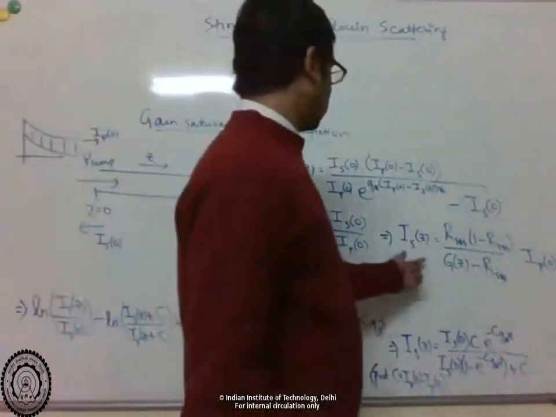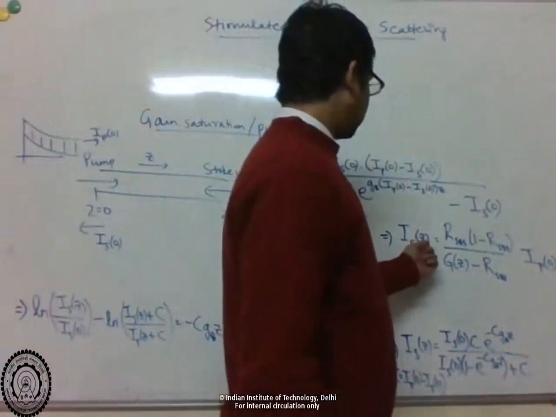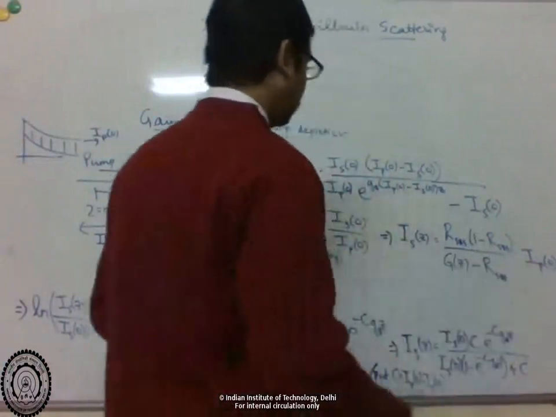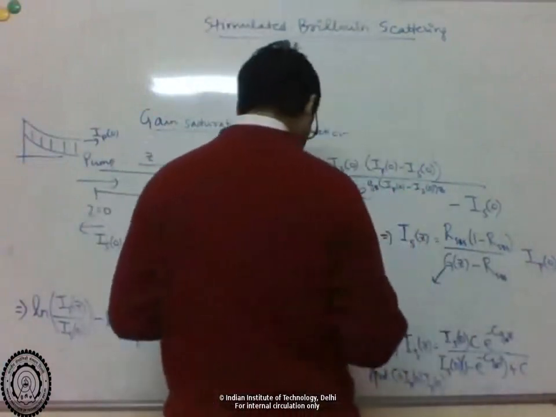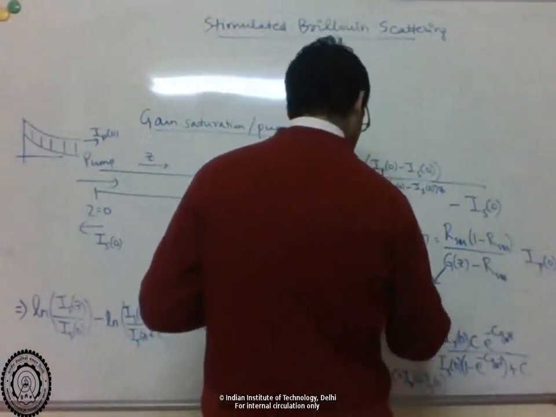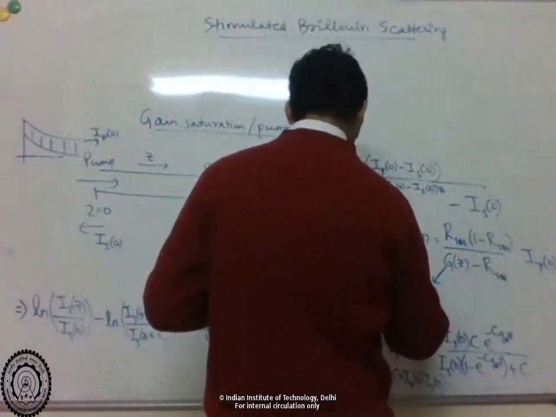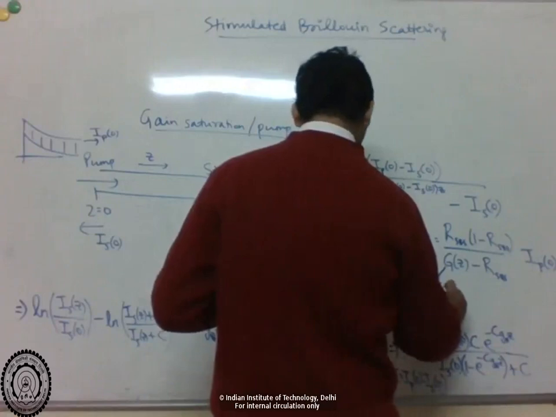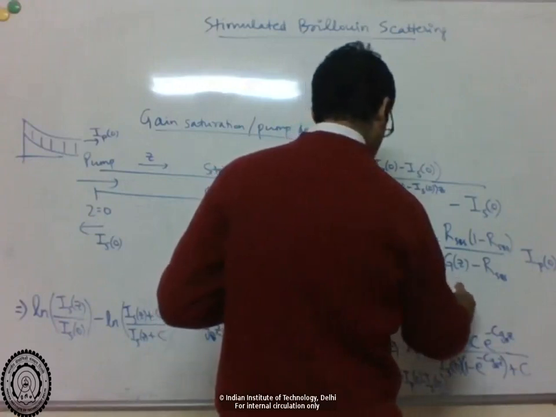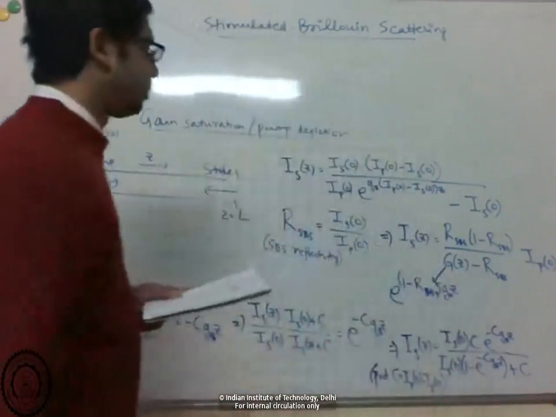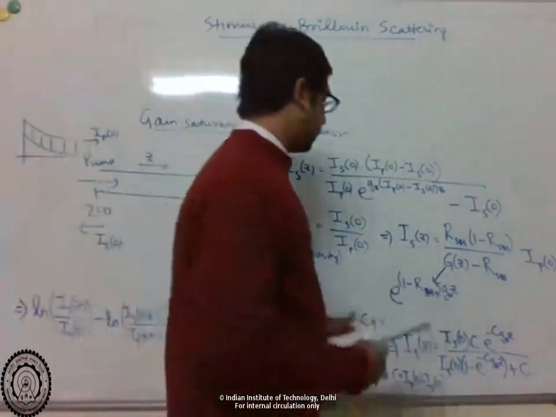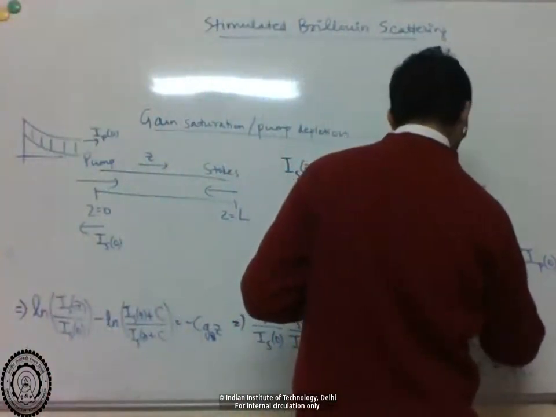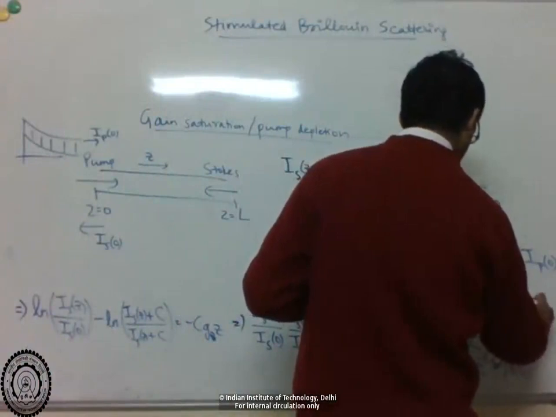Okay. So the Stokes intensity at a distance Z is given as a function of this R SBS reflectivity times my input pump, and this G of Z here is given by e to the 1 minus... G naught Z, where G naught is GB times IP naught.